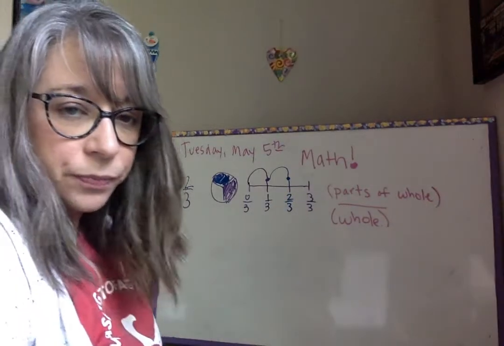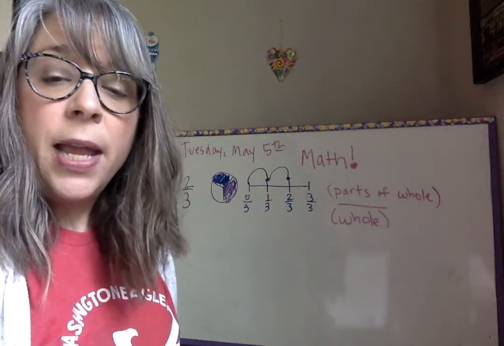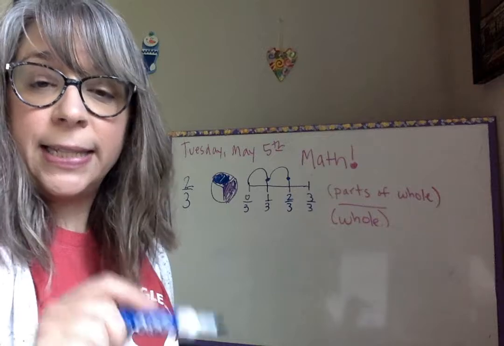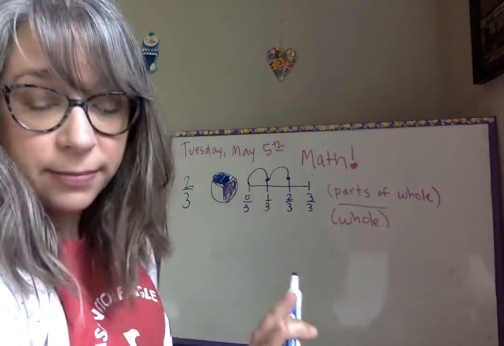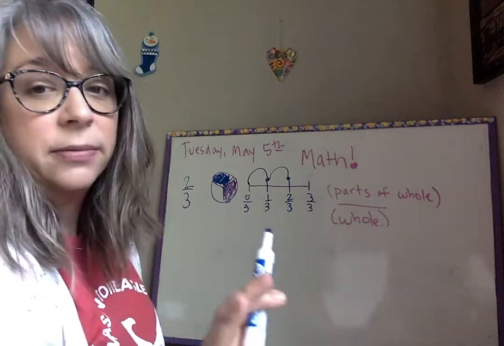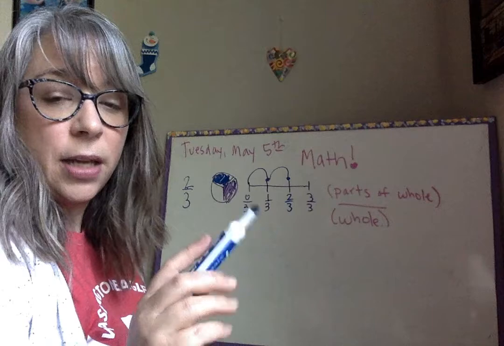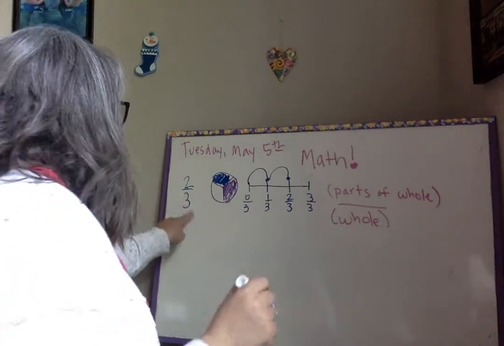Okay, now we're going to decompose this number just a little bit. If you recall, our denominator is going to stay the same. It almost always stays the same, but we're not going to worry about a different denominator for now. We'll worry about that next year. So right now our denominator is going to be 3, and we're going to decompose this.